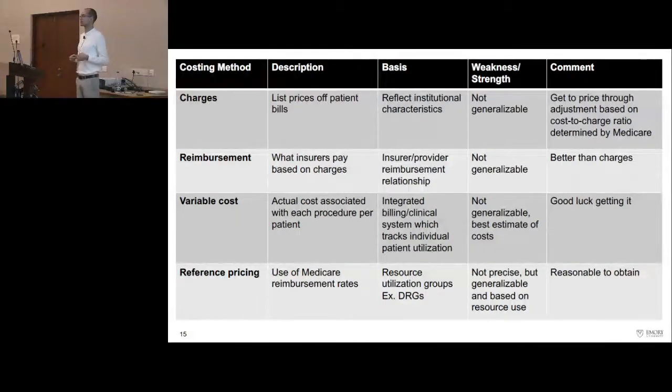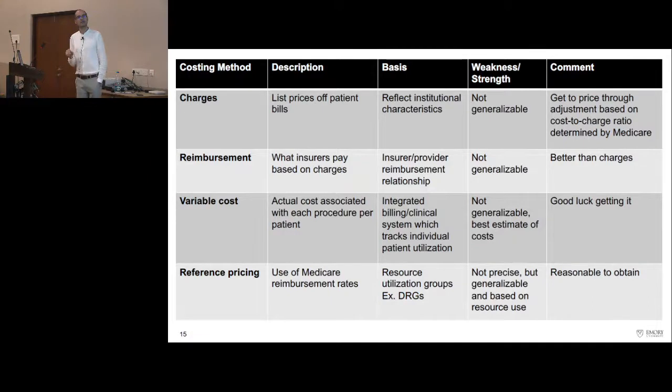Variable costs are the costs associated with each additional procedure, but that doesn't include fixed costs of building the hospital in the first place, buying all the machines, and so on. If you're doing the analysis from the healthcare sector perspective, variable costs would be what you really would like to get, but they're really difficult to obtain.